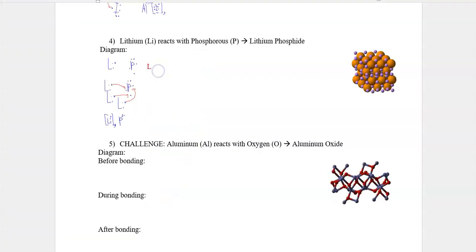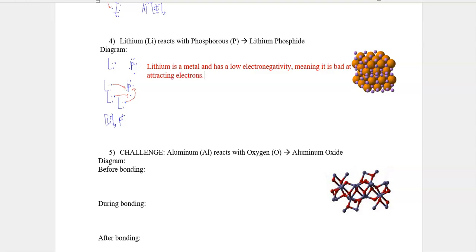Once again, lithium is a metal and has a low electronegativity, meaning it is bad at attracting electrons. Phosphorus is a nonmetal with a high electronegativity.